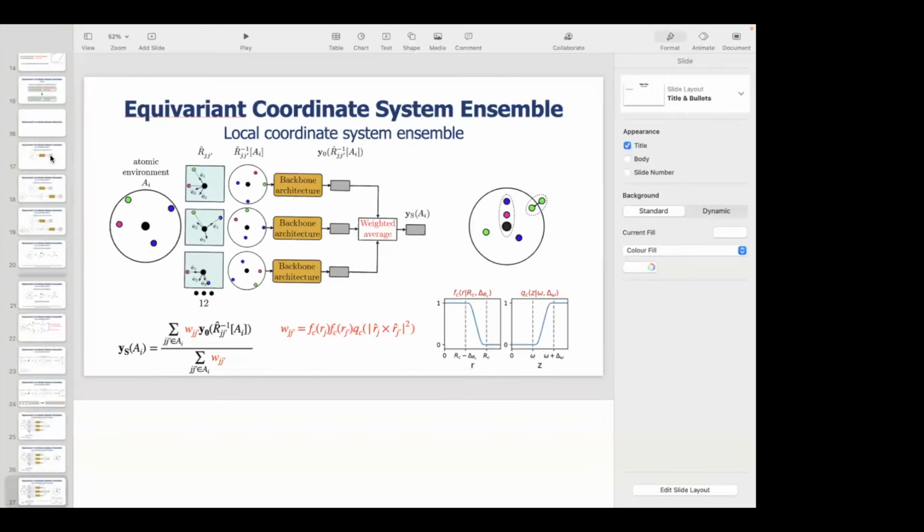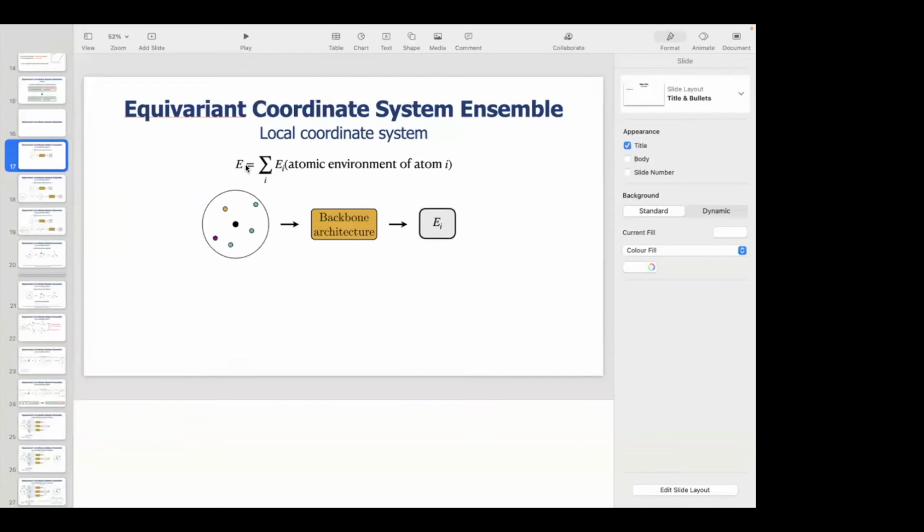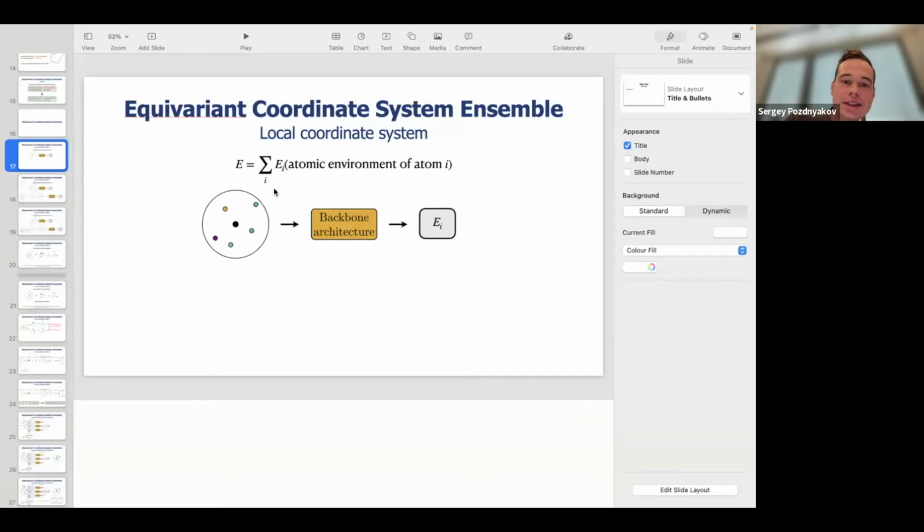So basically, probably I can go back. Yes. We decompose our energy as the sum of atomic contributions. Each atomic contribution is some function of the local atomic environment, and we symmetrize these contributions independently.